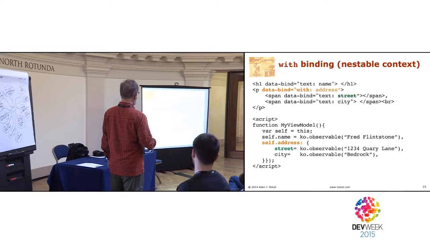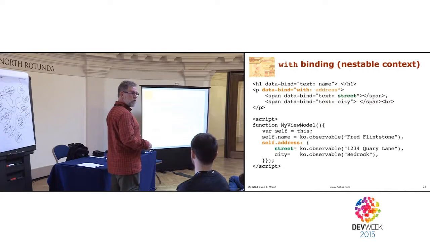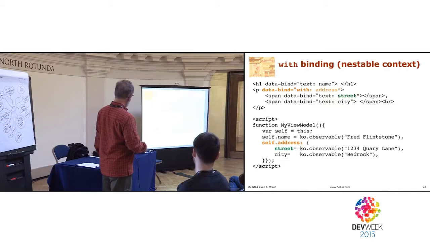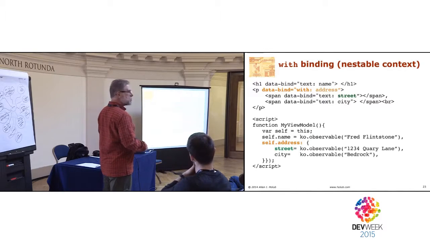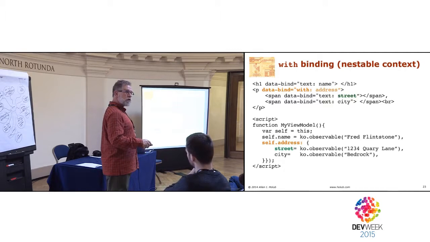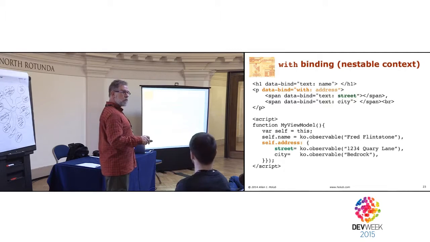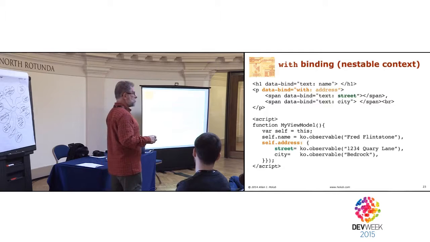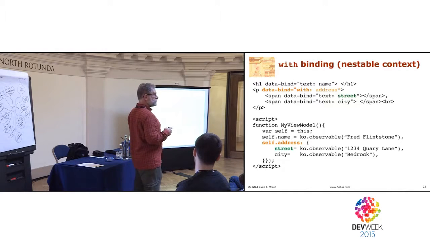But without this with, I'd have to be saying things like self.address.street to get down to it. So this is just providing you with a convenient way to simplify the code a bit. To say, for everything inside this bound element, assume it's inside the address object. Right, this works a lot like the with statement in C#.